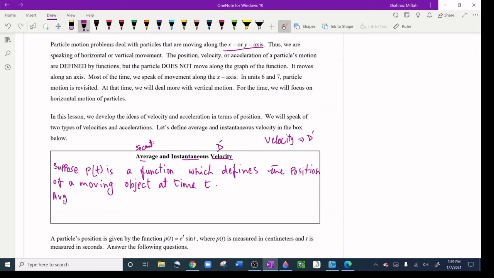Average velocity is equal to average rate of change.